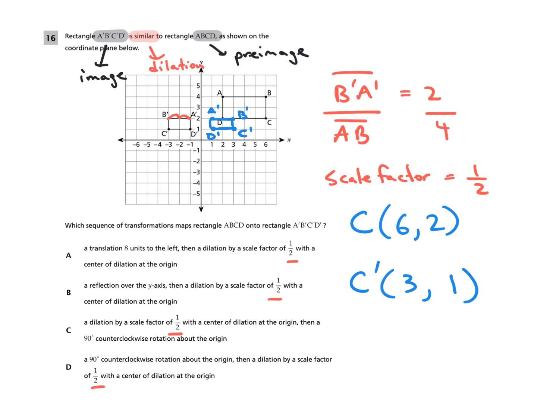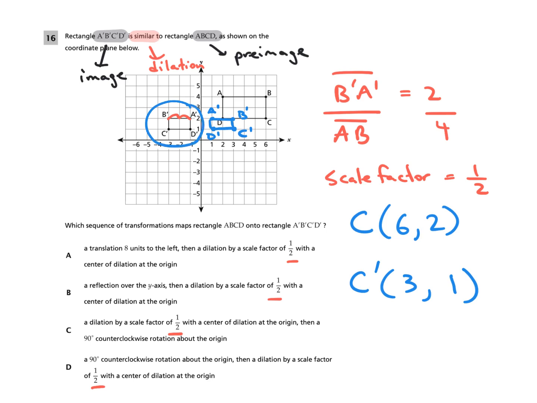And now I want you to focus your attention on the way the letterings are oriented. If we start from A prime and go clockwise, the way a clock moves, it's A prime, B prime, C prime, D prime, okay? Now if you look at A and go clockwise on the image, the one right here, it's A prime, D prime, C prime, B prime.